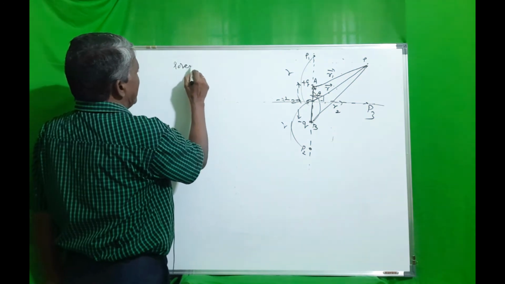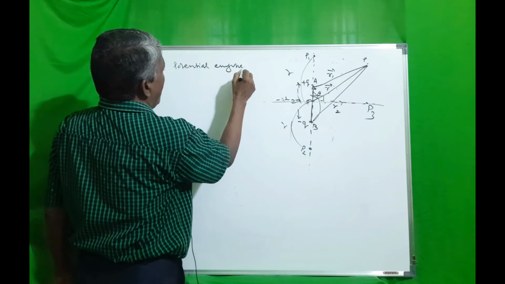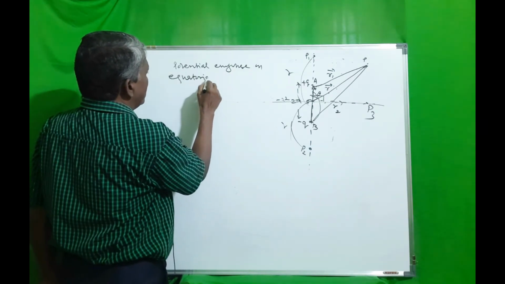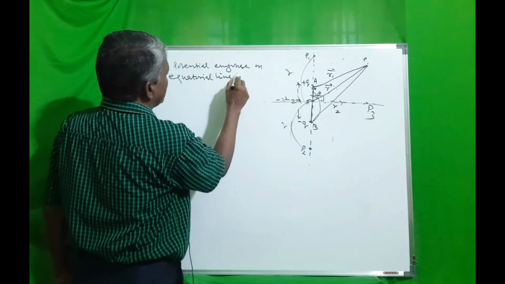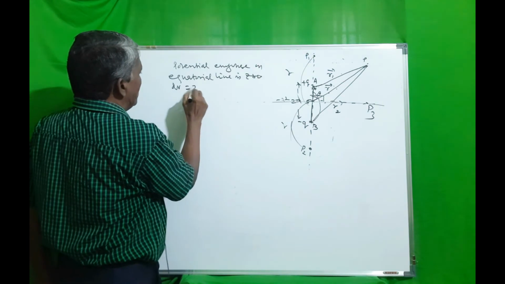Potential everywhere on the equatorial line is 0. That is, potential difference is 0.